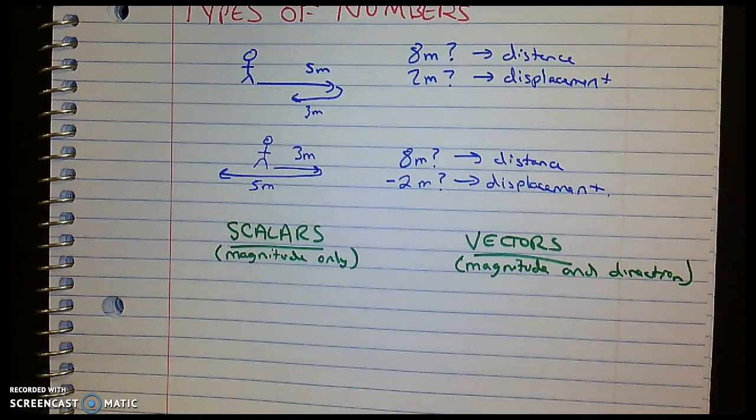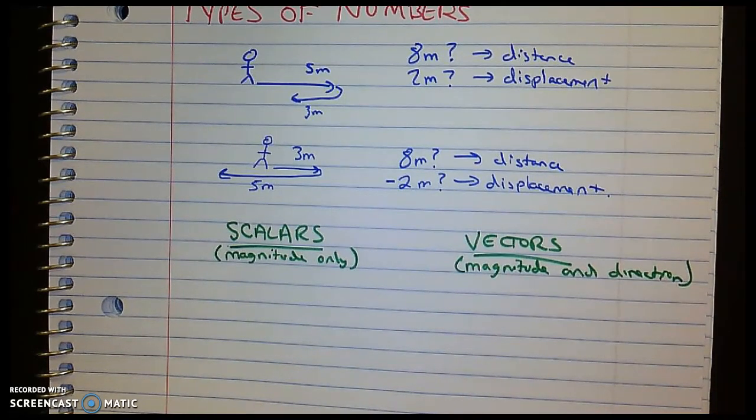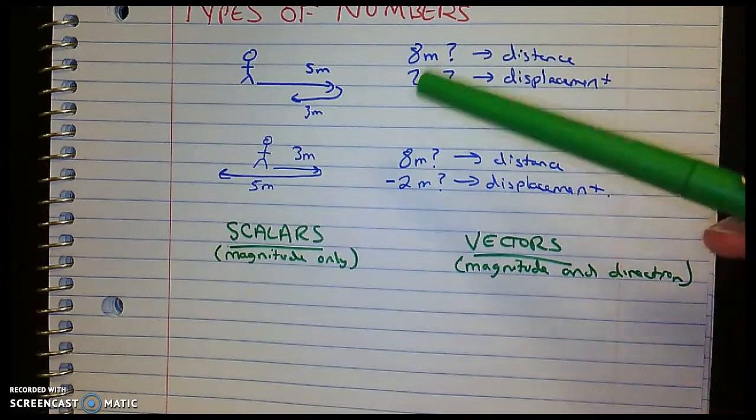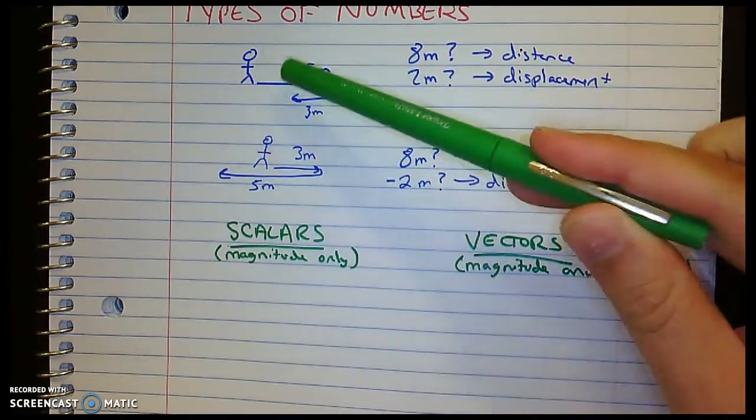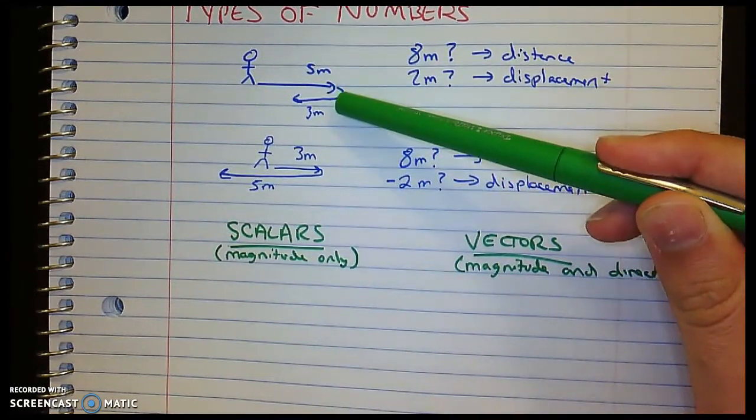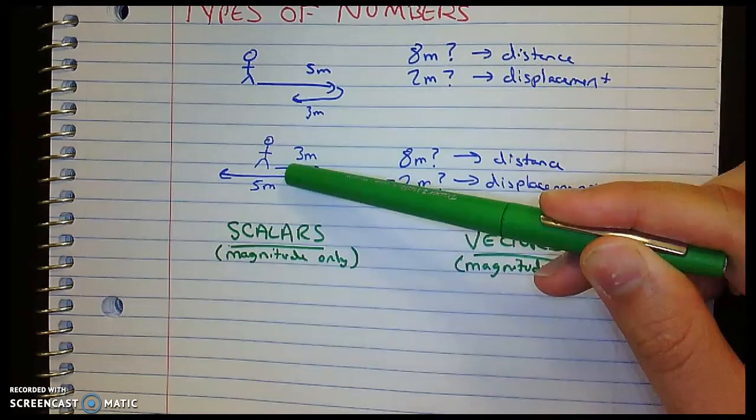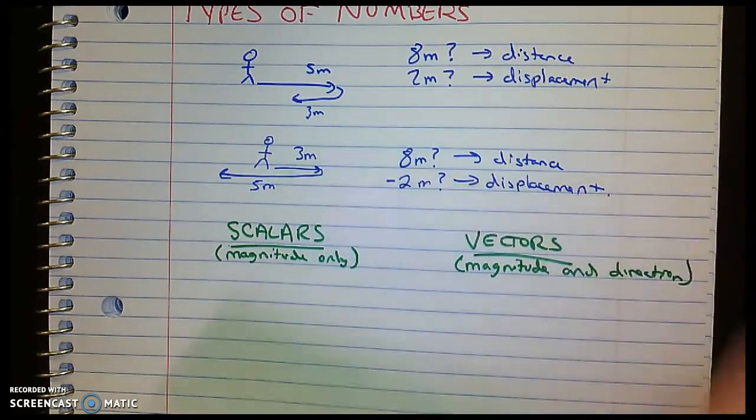So after that, again, you should probably never forget the difference between scalars and vectors. Vectors, again, have both magnitude and direction. Now, in physics, how do we indicate direction? Well, you've kind of already seen it here. What's the difference between this guy and this guy? This guy ended up 2 meters ahead of where he started. This guy ended up 2 meters behind where he started.